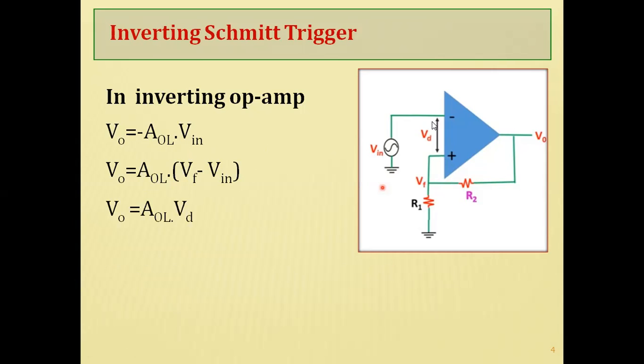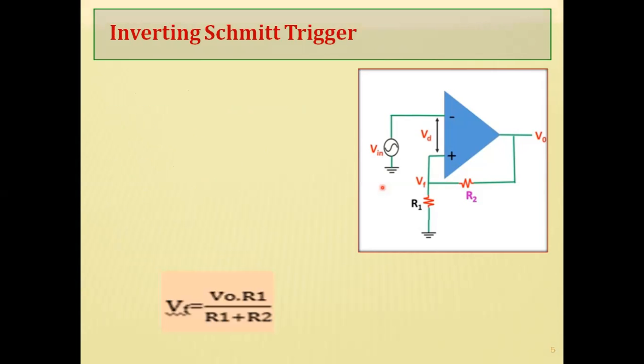V0 can be written as AOL into Vd, where Vd indicates the difference Vf minus Vin. This equation can also be written in this form: V0 is equal to AOL into minus Vin plus Vf. Minus Vin because the output of the inverting Schmitt trigger will always be inverted, the output will be 180 degrees out of phase. Hence we can write it as minus Vin plus Vf.